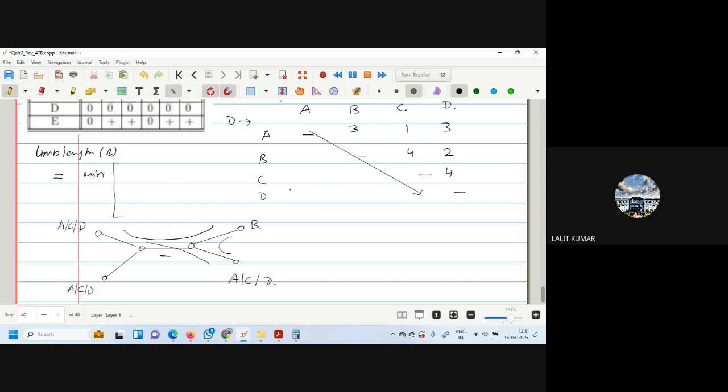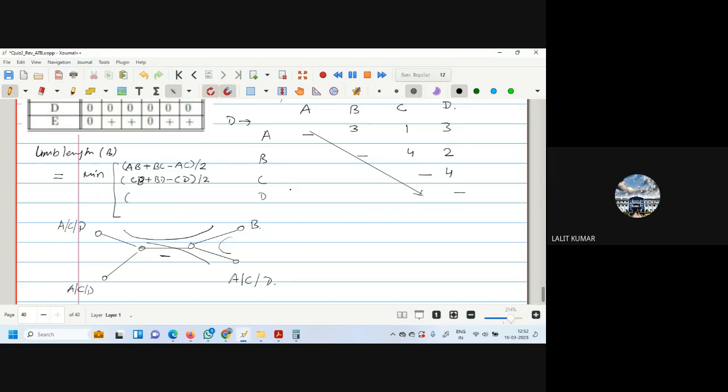So this will become minimum of AB plus, I am taking AC combinations, BC minus AC by 2. Or if I take, for example, CD, so this will become CD plus BD minus, sorry, this will become CD plus BD minus CD divided by 2.